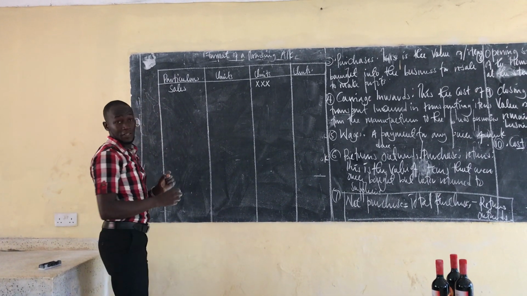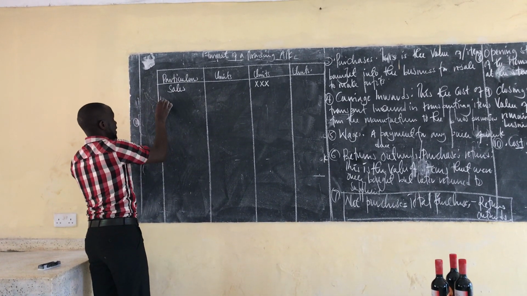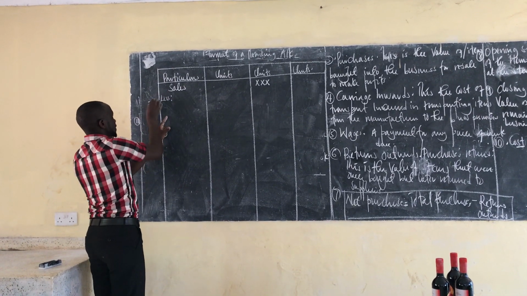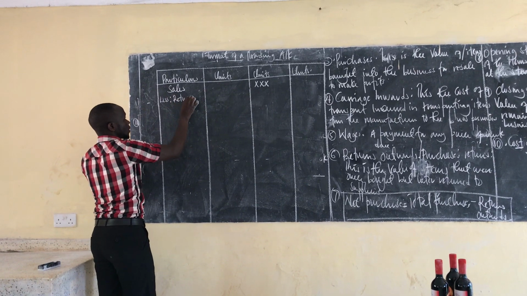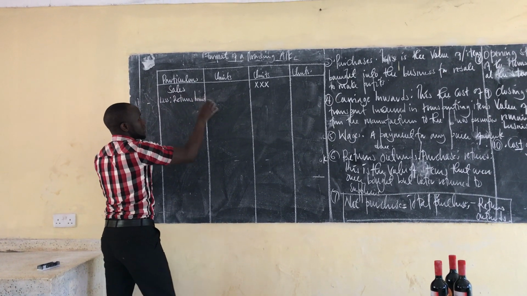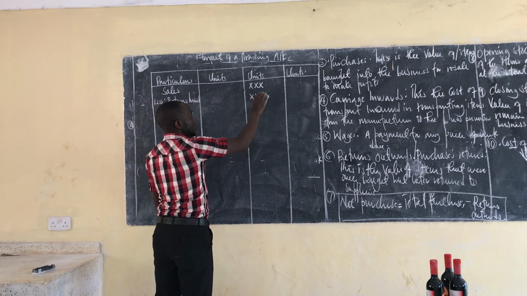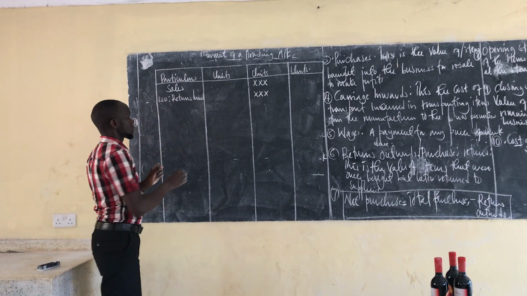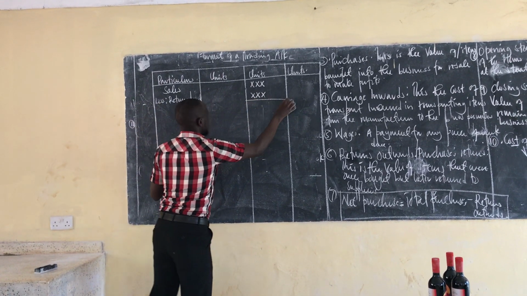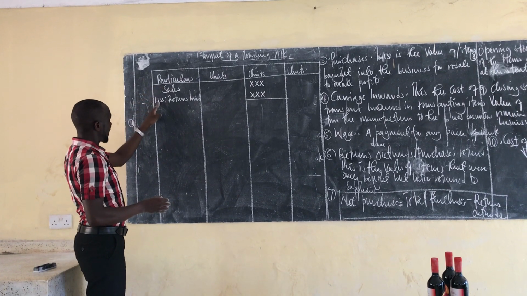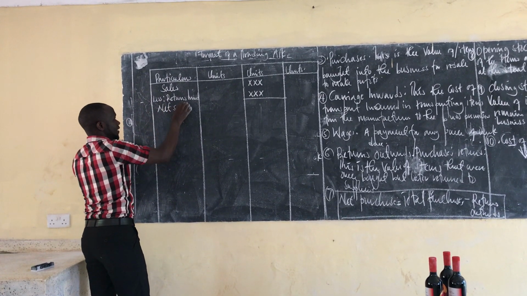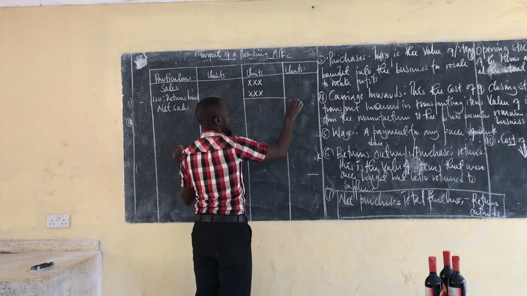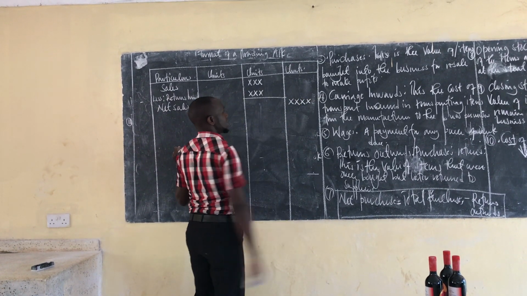What you do is say less. This less stands for the minus. Less returns inwards. You write the value directly under sales. Total sales minus returns inwards, we get net sales, and the figure is put in the last column.